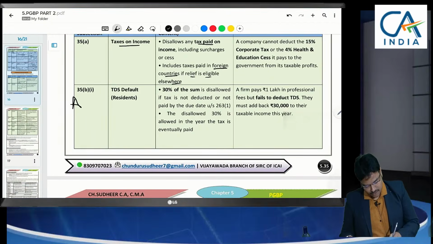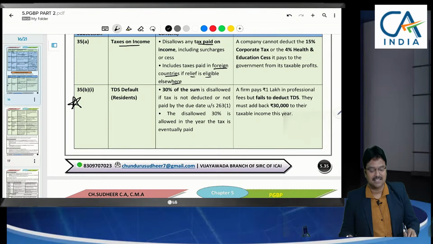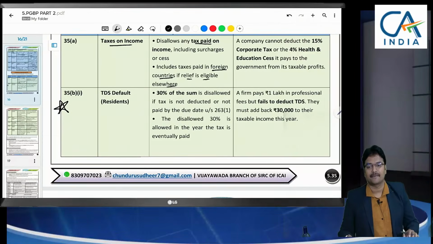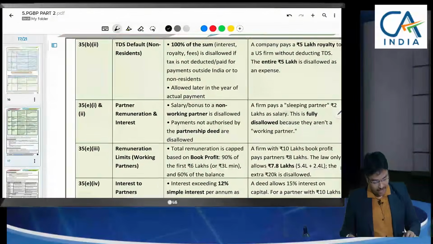And for all chartered accountants or tax practitioners in practice, this is very, very useful in tax audits. When TDS is not deducted, applicability of TDS has to be checked first. When TDS is applicable and TDS is not deducted, then 30% of the expenditure will be disallowed. But it is different in the case of non-residents.